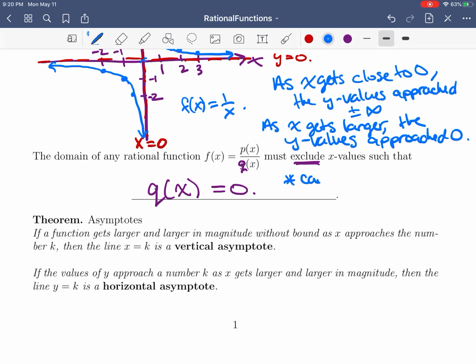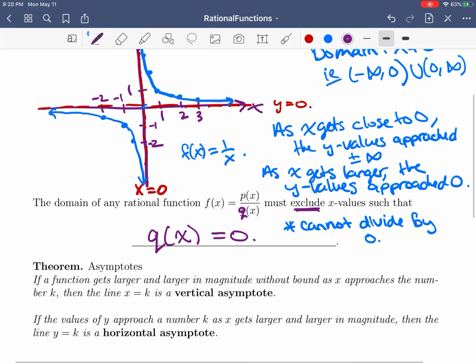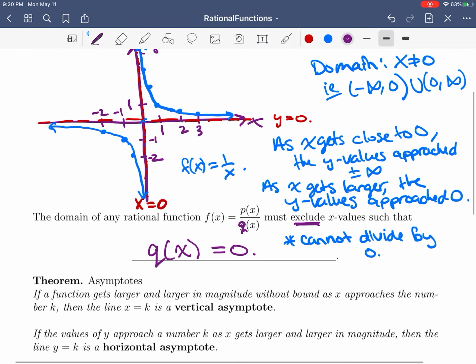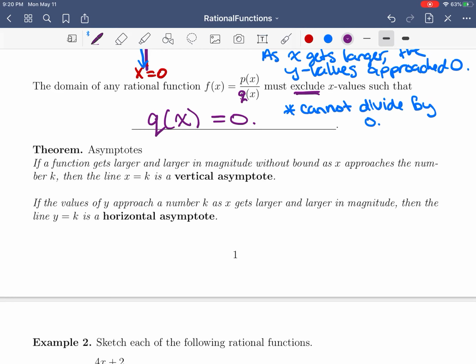So we cannot divide by 0. These are not all necessarily asymptotes, but it was in this example. So you want to be careful about that.